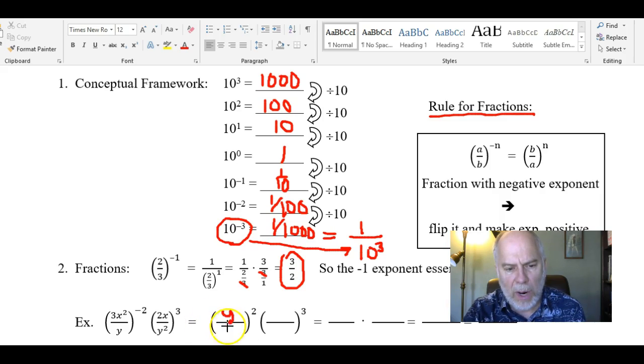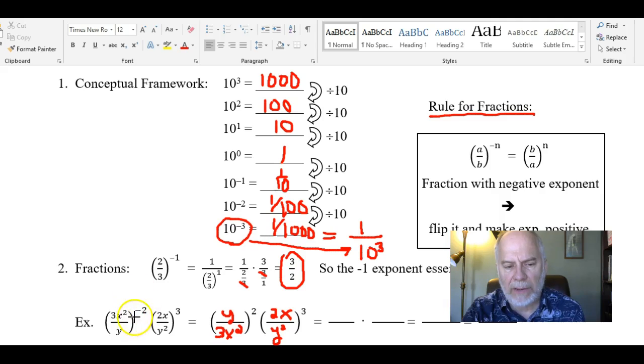So I'm going to go y over 3x squared. And that's changed to the positive 2 power. Then I'm just going to recopy what's in the next parentheses, 2x over y squared. If I can write this. All right, that's y squared, in case you can't read it.